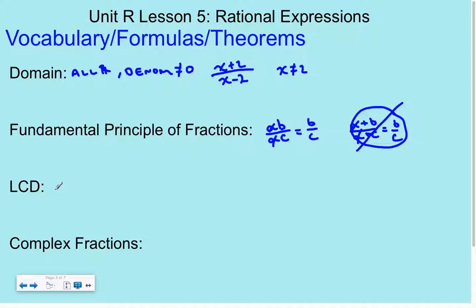All right, the least common denominator is going to be one of the big things, especially for adding and subtracting, for obvious reasons. I'll give you a real simple example for finding the least common denominator. I know that there are some steps you can follow, but this is generally how I've always gone about doing it.